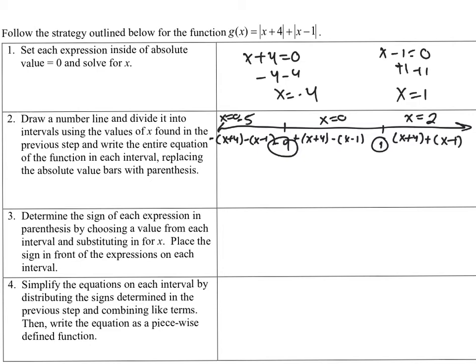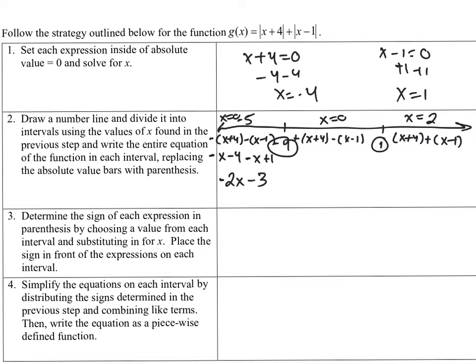In the first step, we can distribute our negative signs. So we have negative x minus 4 minus x plus 1. To simplify that, we have negative 2x minus 3, and we can't simplify anything else here.